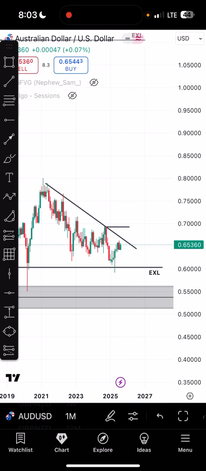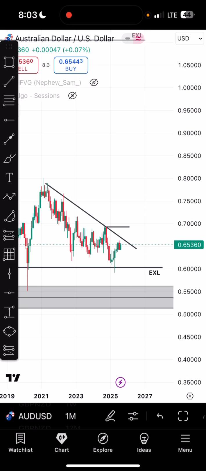Now that is it. I'm not trying to stress myself. I'm not trying to start looking for entries. I need to see a clear understanding that, okay, from my information about AUD USD on the 12-month time frame, the monthly time frame is trying to align to it.